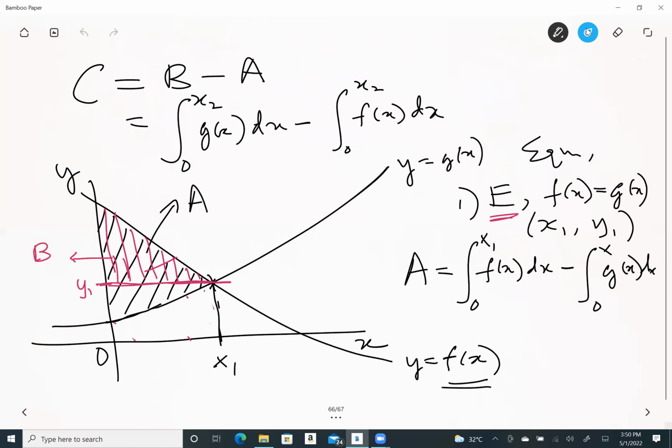Say now I want area C. Area C. Okay, how can I find area C?